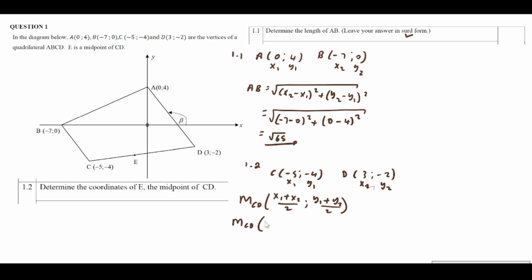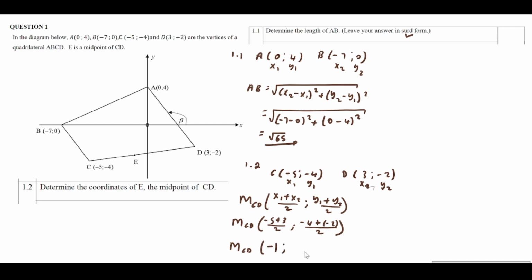Your x1 is -5 plus 3, all of this is divided by 2, and then -4 minus 2, or you can just say plus into minus 2, all of this is divided by 2. Then M of CD: minus 5 plus 3 is going to give us -2, and -2 divided by 2 is going to give us -1.